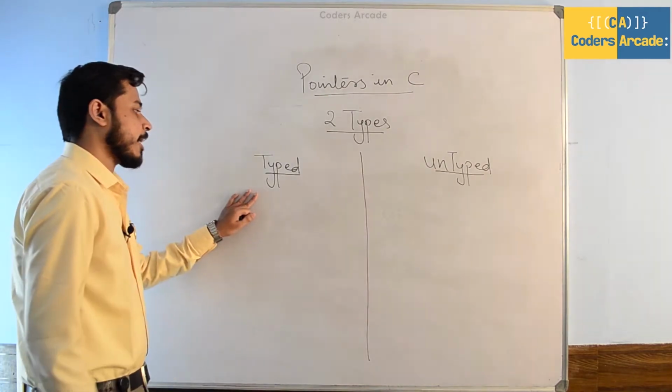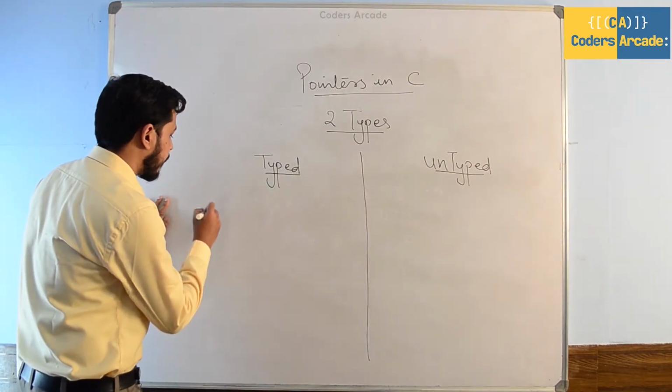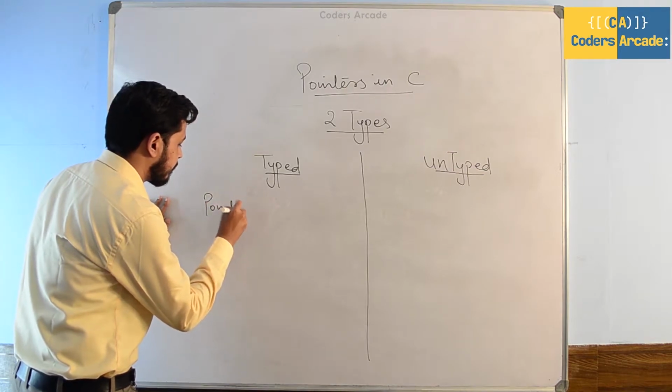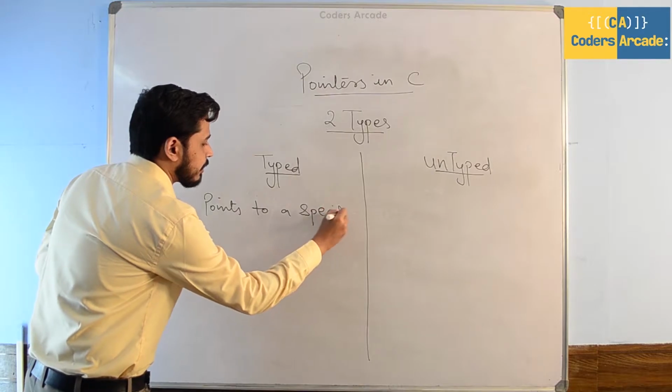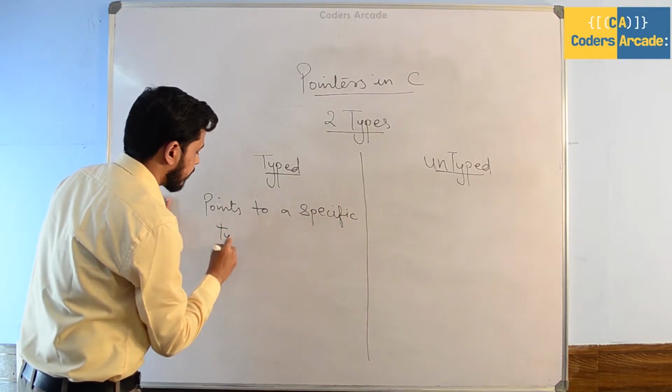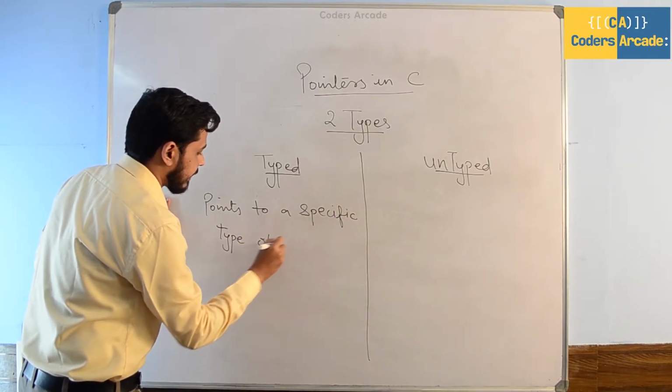Here, the typed pointer points to a specific type of data.